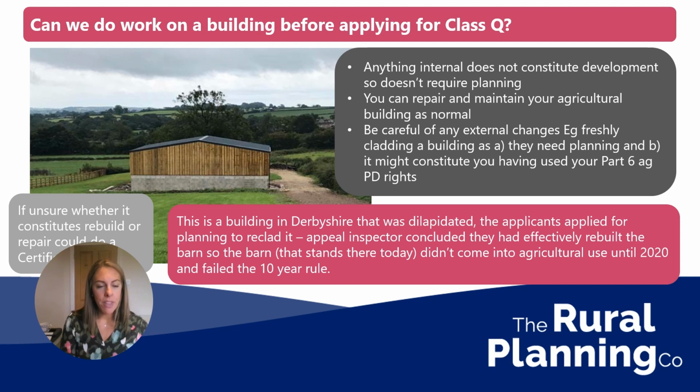So there were photographs online of what it looked like before they rebuilt the barn. They had applied for it to be reclad, but effectively put so much new material in there, it was effectively a new barn. So the appeal inspector said, actually, that hasn't come into agricultural use. The barn that stands there today hasn't come into agricultural use until 2020, and therefore it fails the 10-year rule.